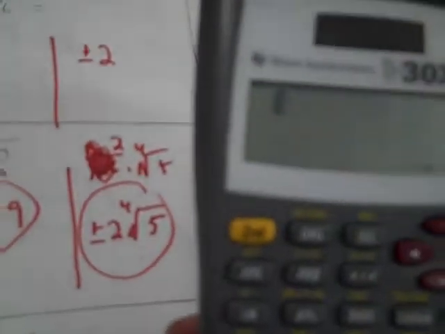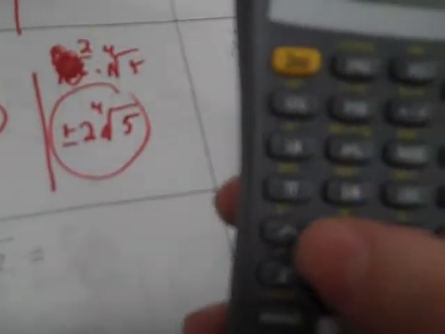Okay, the 4th root of 100. So I go 4 second, this key here, 100. That's 3.16. Plus negative. This answer is going to look different because that was a decimal. So I start dividing 100 by the 4th powers. The biggest key on here is people don't know what lists are on.